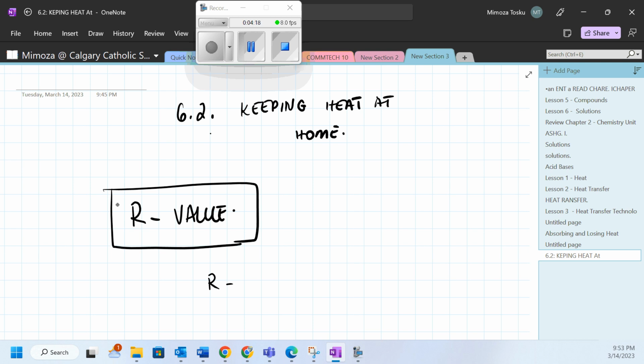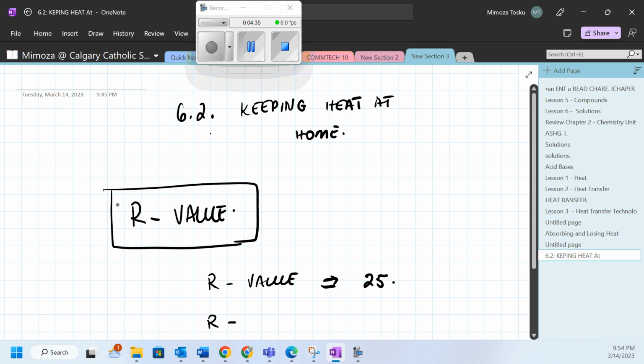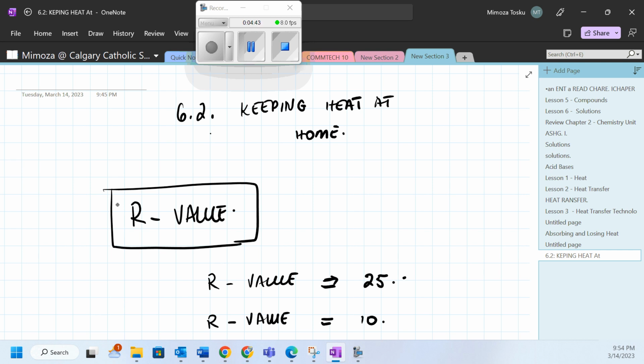So let's suppose that the R value of a specific material is 25. When we compare it with another material whose R value is, let's say, 10, we can say that this material is a very good insulator in comparison to this material, which is not as good an insulator.